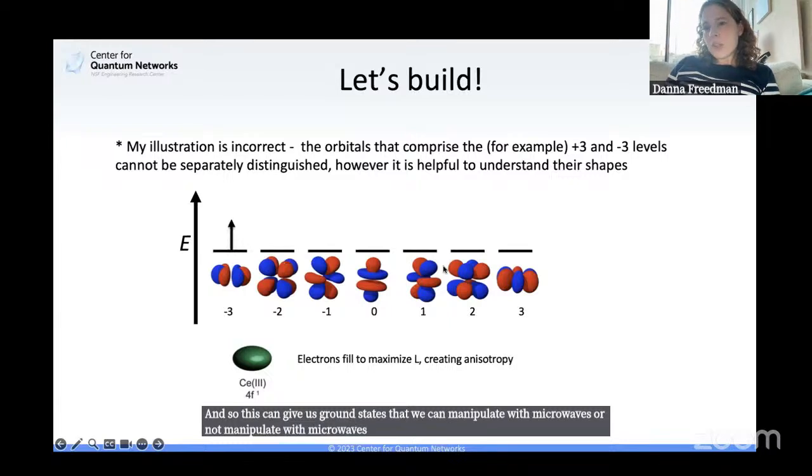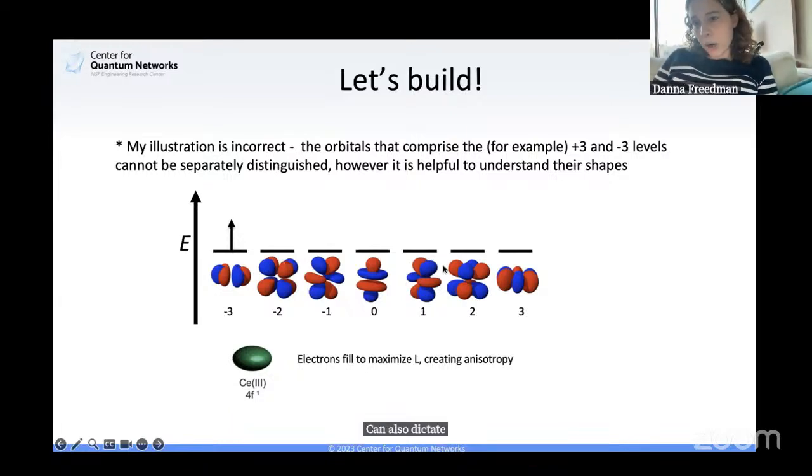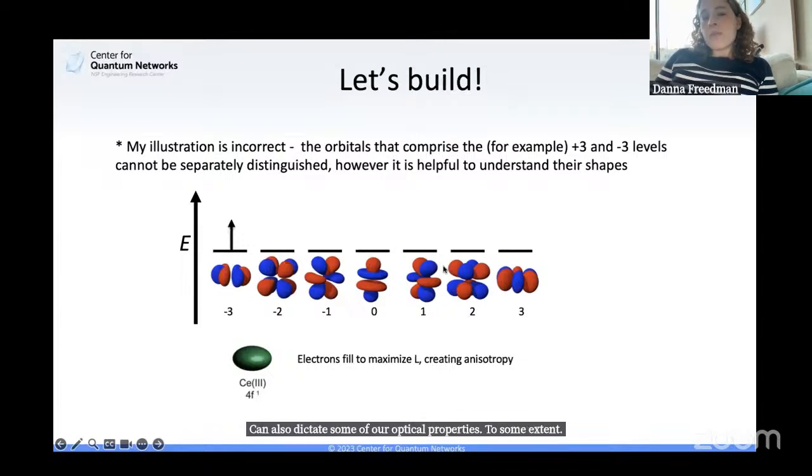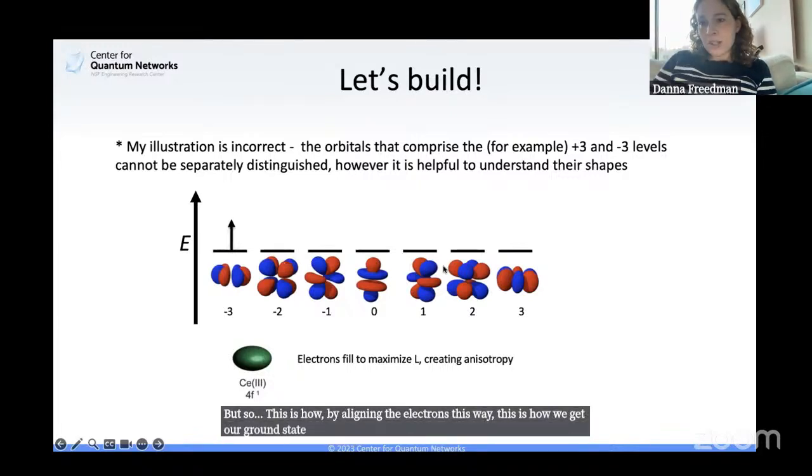The crystal field, which we use as a perturbation, can also dictate some of our optical properties to some extent. But so this is how, by aligning the electrons this way, we get our ground state. Our excited state manifold is effectively going to be how unfavorable a different configuration is.